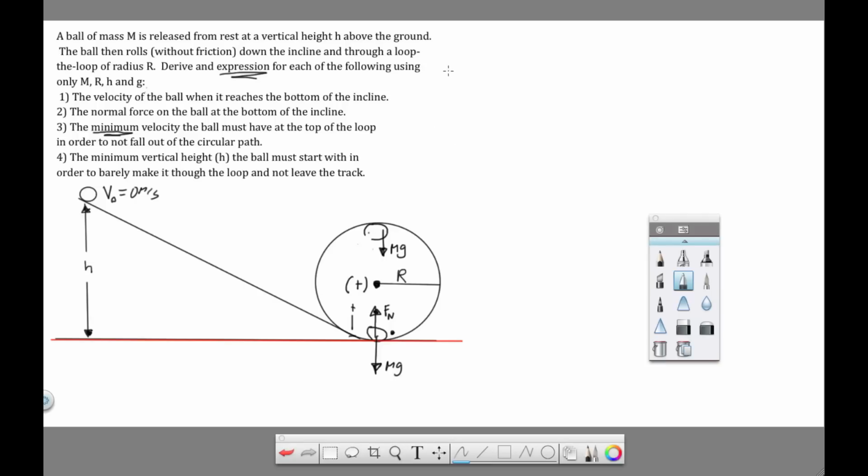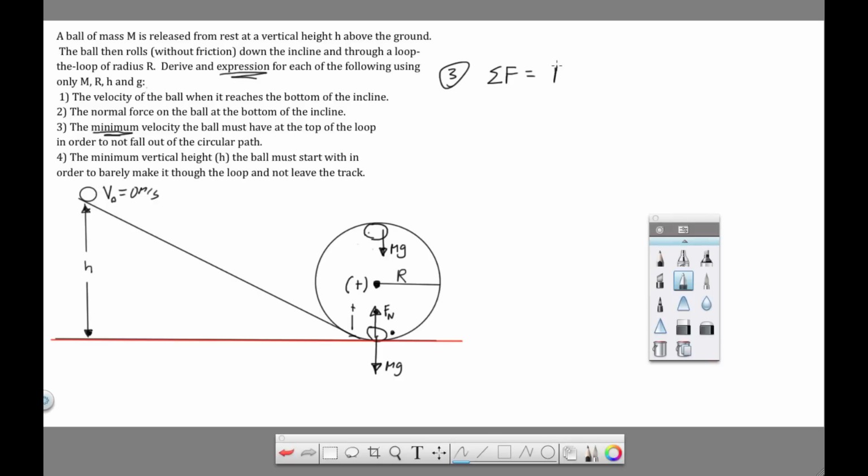So for number 3, we sum the forces. And remember, for circular motion problems, we want the center of the circle to be positive. The reason for that is the centripetal acceleration of an object in a circular path always points to the center of the circle. So we want the acceleration to be positive.